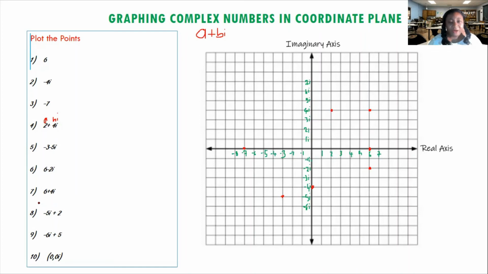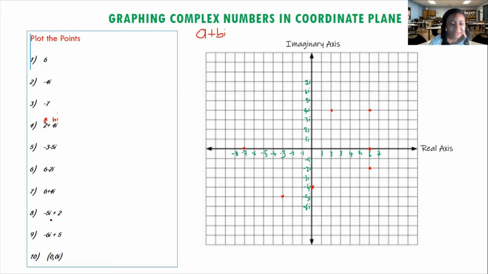Now guys, it's not going to always be in the format where you see the real number first, but you still have to be able to identify your real and your imaginary. So when you look at question number 8, it's a little bit different because now you have negative 5i plus 2. This is not written in standard form, but this doesn't mean that we can't plot it. You still have to know where the real and the imaginary part is.